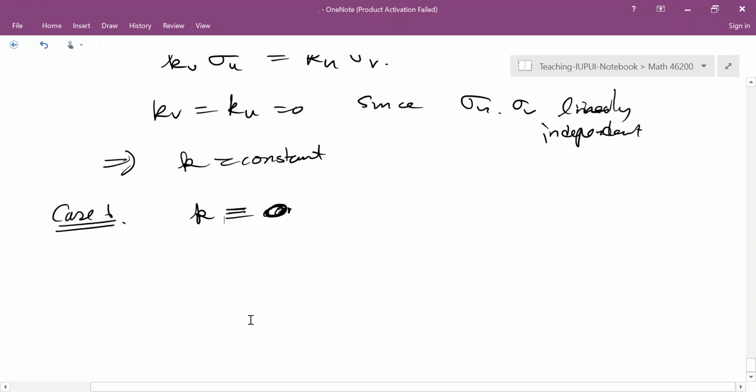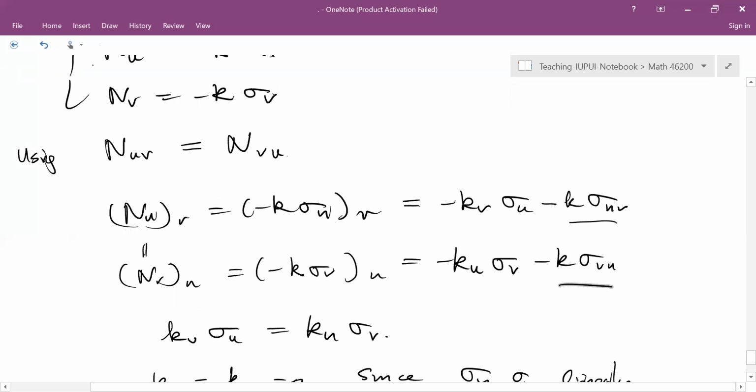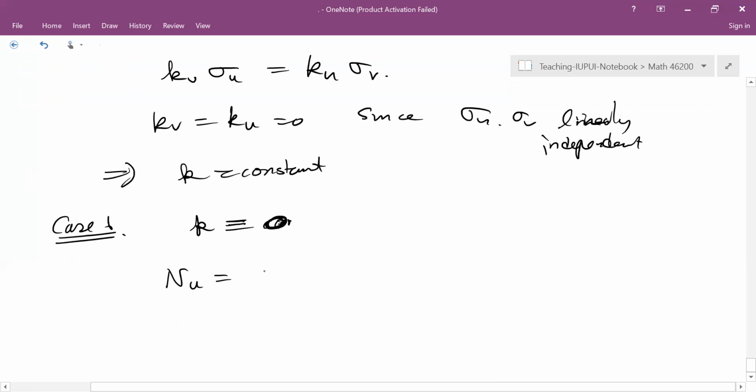Because k is 0, remember we go back to the equation. N_u is 0 because it's negative k σ_u, which is 0, and N_v equals negative k σ_v, which equals 0.